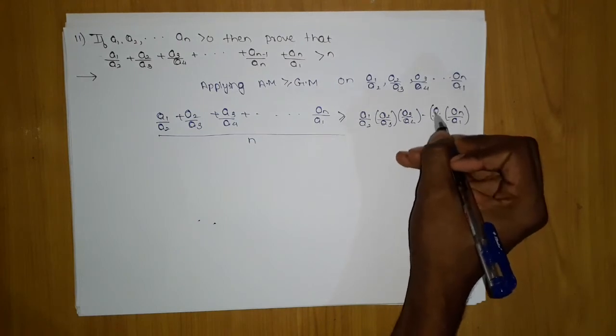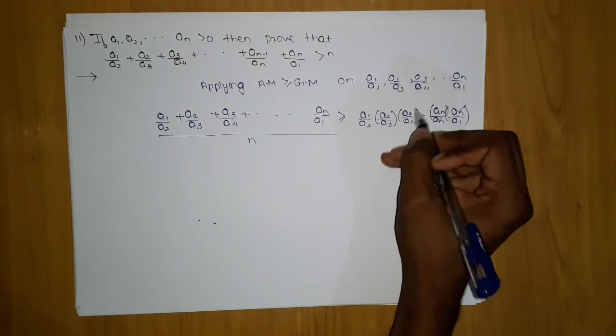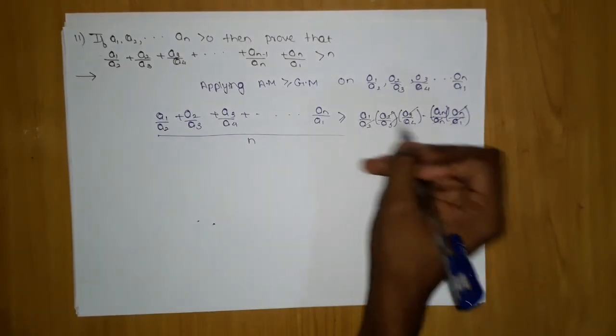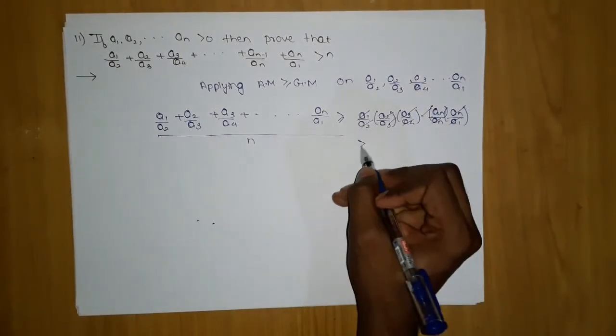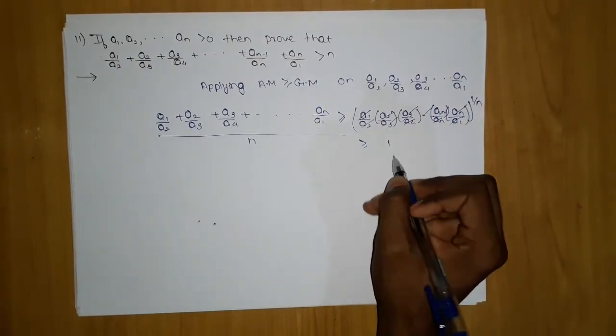And here if you see, I have an minus 1 upon an. This term will cancel out, this with this, this with this, and so on. So here I will have the whole power 1 by n. Here my power will be 1.